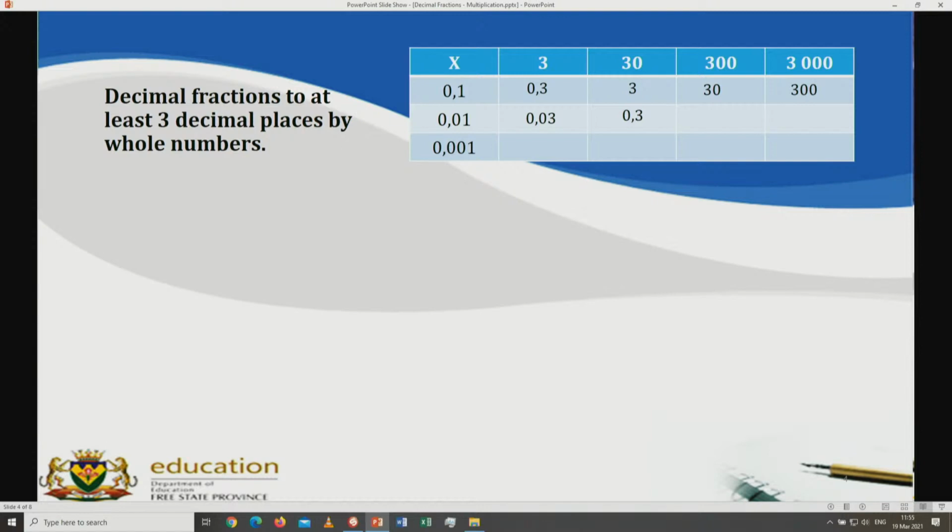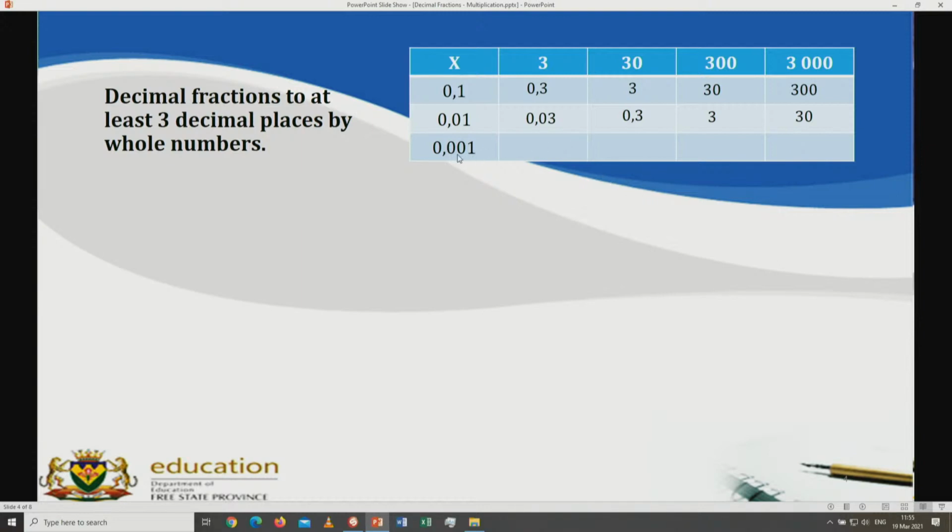I think by now you understand that. And then 300 divided by 100 will give us 3. And then 3,000 divided by 100 will give us what? 30. Very good. Very good.